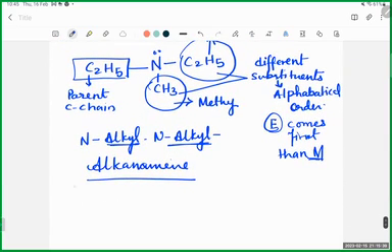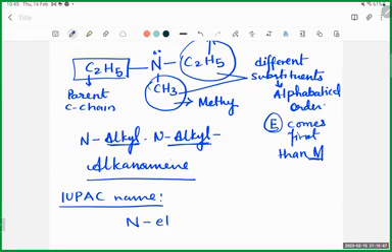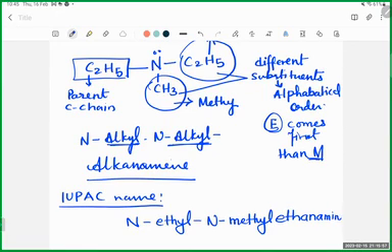So let's write the IUPAC name of this compound. N-ethyl, N-methyl, ethanamine. Are you clear? Hridaya, are you clear?